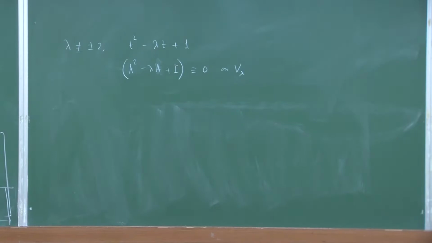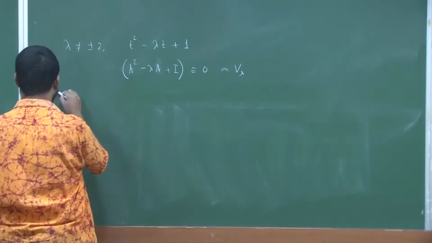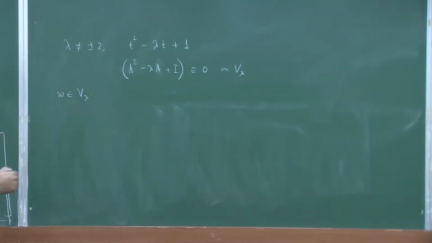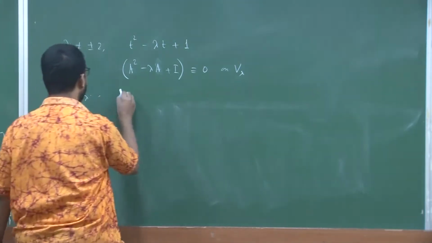All right. Now let us see the following: choose any w in V lambda. Okay. Choose any w in V lambda. So, now we look at w.